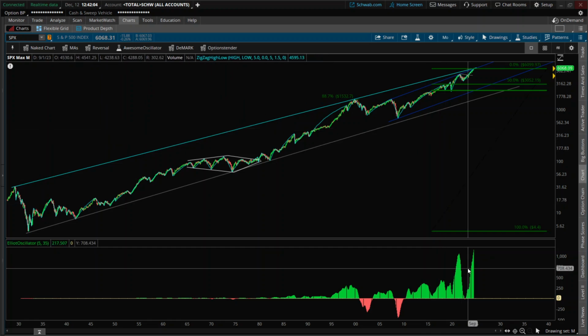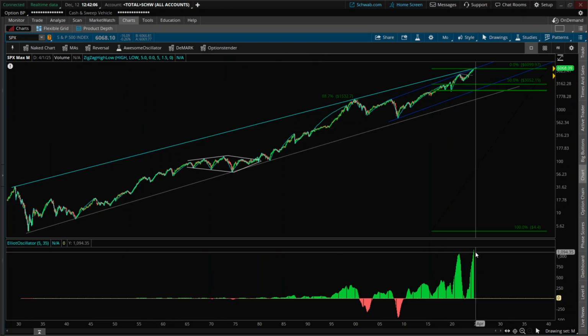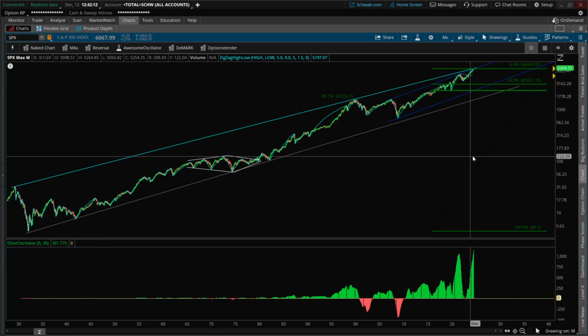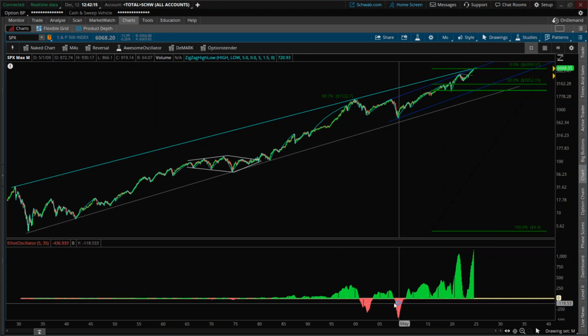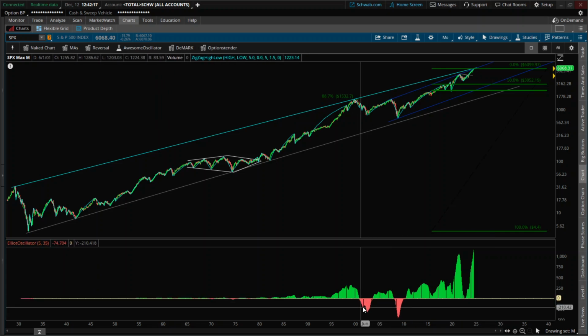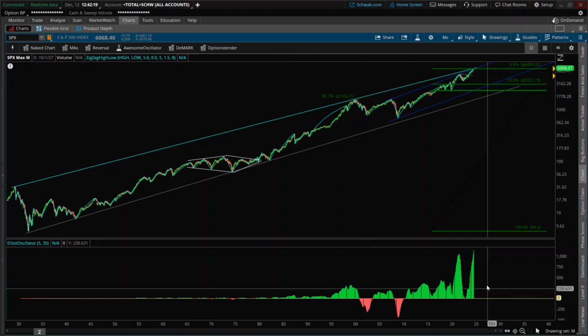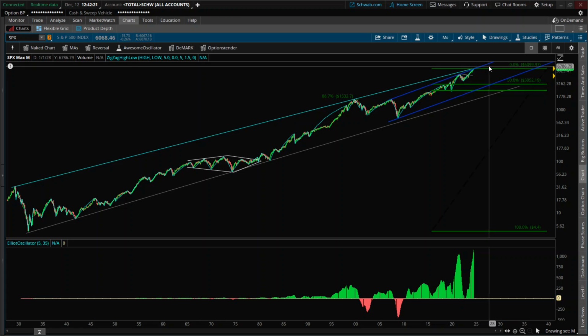Right now, we're looking at making a new high here. What that tells me is that we're not getting any negative divergence here. It means after a correction, there could be a deep, deep correction, but afterwards, we're going to make new highs.